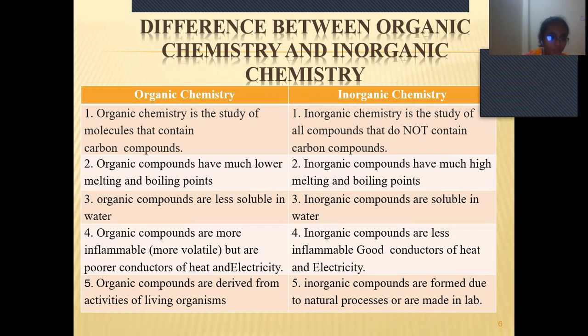In the second topic, we are discussing volumetric analysis. We have already learned this in intermediate, right? What is normality, molarity, molality, and what is the standard solution, the sample solution and the reference solution. So in this we are going to read molarity, normality, molality, and mole fraction in volumetric analysis.